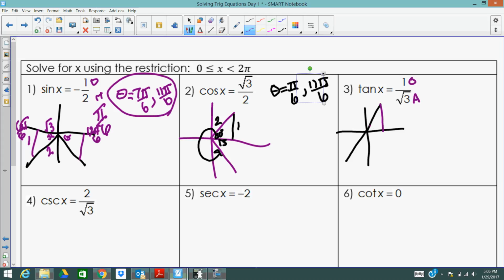So with respect to theta, we have opposite is 1, adjacent square root of 3, which means our hypotenuse is 2. So again, it's our 30, 60, 90 right triangle with our reference angle being opposite the 1. So our reference angle again being 30 degrees, or pi over 6. So theta is pi over 6 in quadrant 1. And in quadrant 3, it's going to be pi plus pi over 6, so 7 pi over 6.